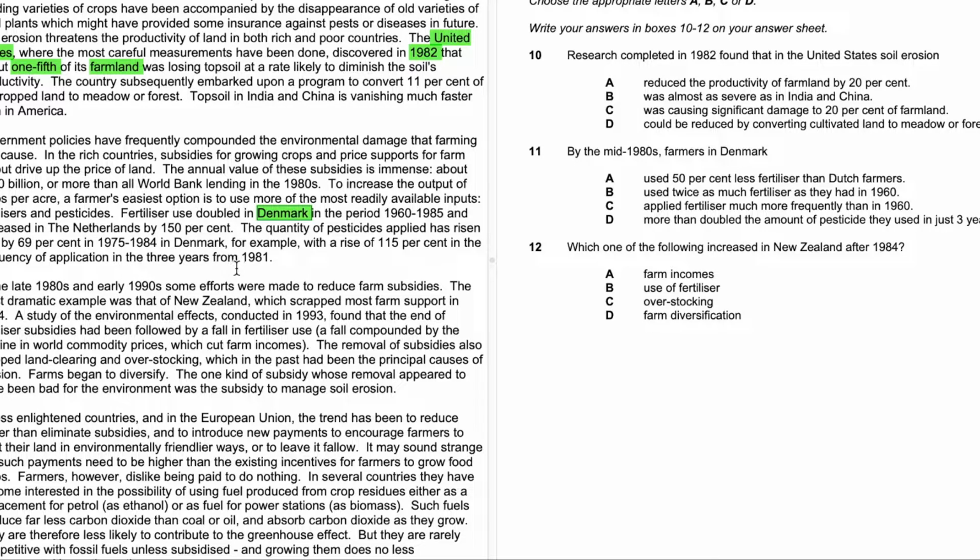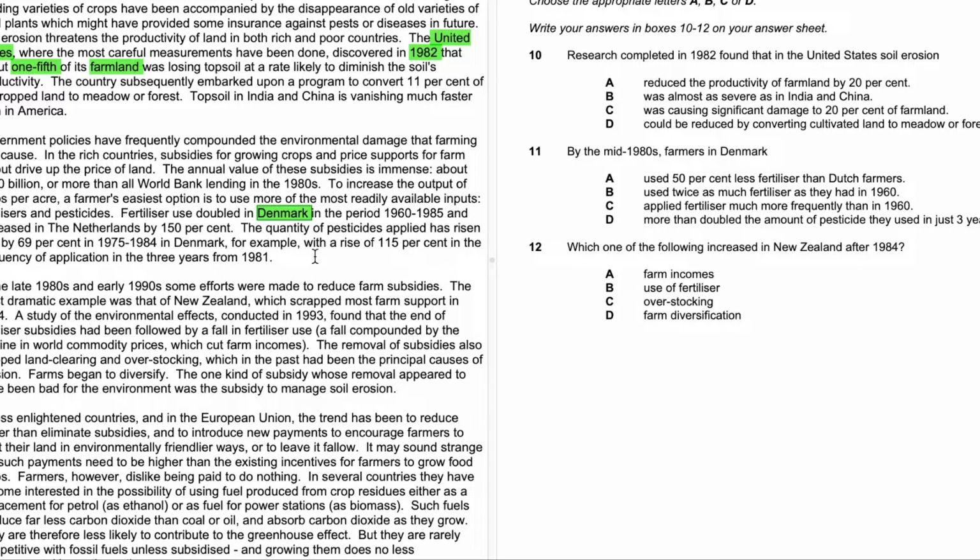And as I was saying about the rise of the using of pesticides, in the 3 years from 1981, so this had happened to them.